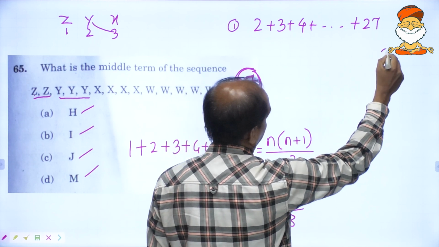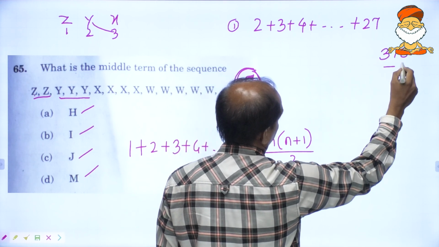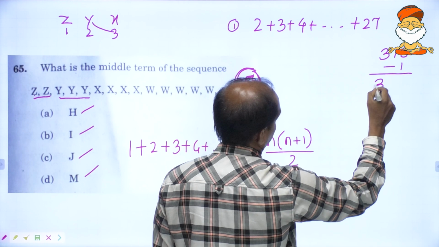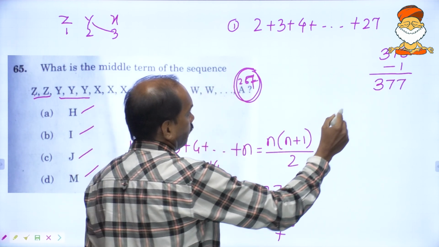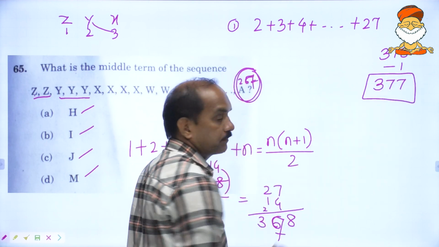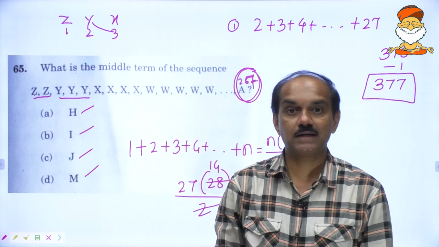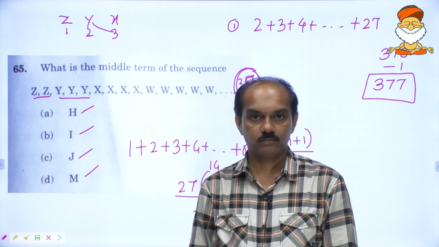So 378 minus 1 is 377. So here we have the total number of terms, 377 terms in all.